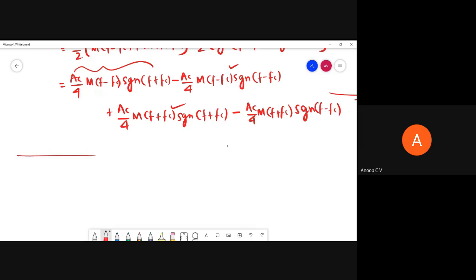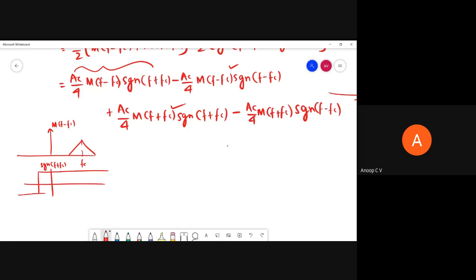So M of F minus FC, I'll draw it here. M of F minus FC will be M of F shifted right by an amount FC. And signum of F plus FC will be signum of F shifted left by an amount FC. So this is M of F minus FC, and this will be signum of F plus FC.